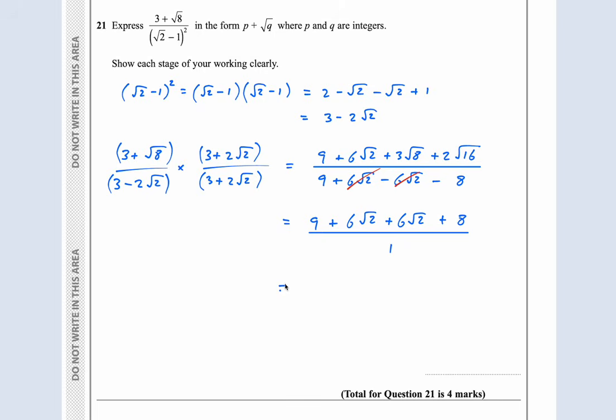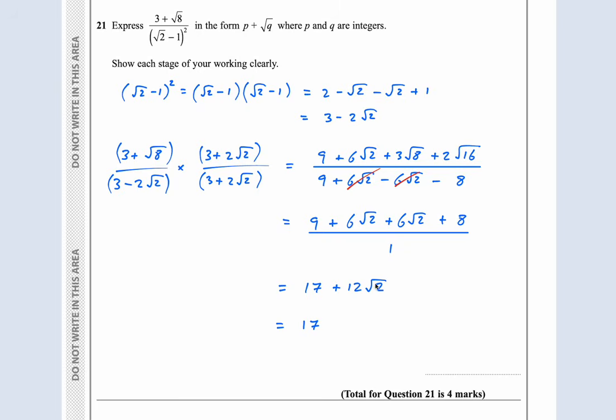So we're left with 9 plus 8 is 17. 17 plus 12 root 2. Okay, because 6 plus 6 is 12. But he's being particularly annoying, and he wants you to give it in this form: p plus root q, where q is an integer.